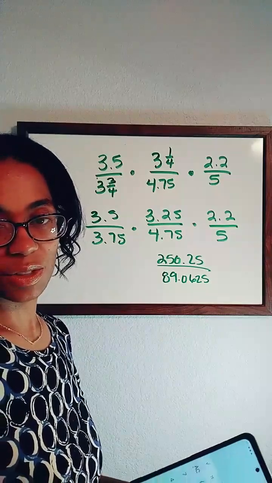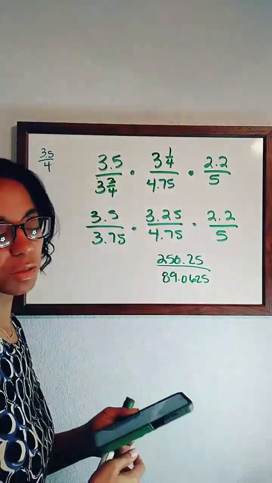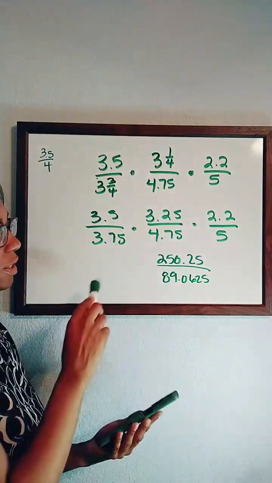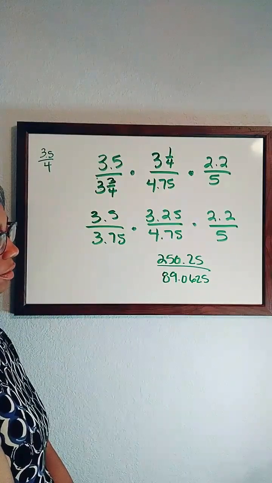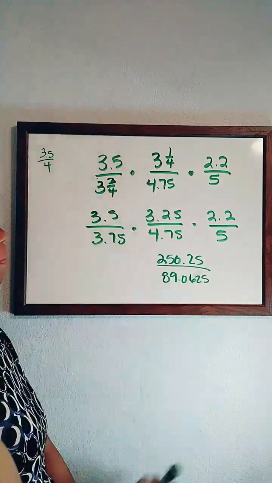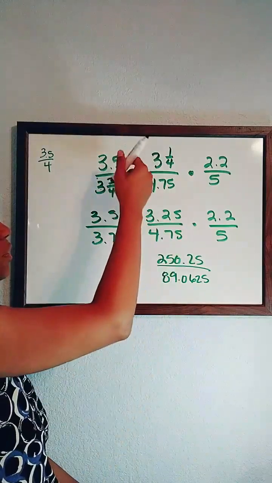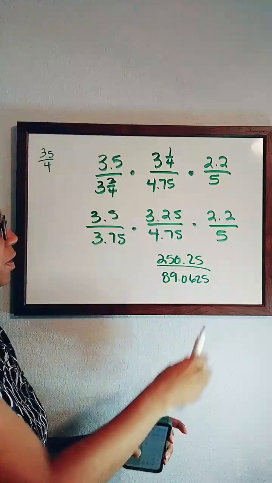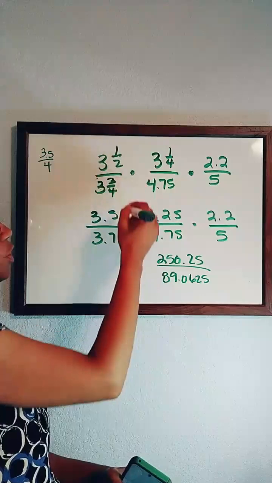Oh, me too, Trey. True story, me too. Because that's the only way I would think to do it and just multiply, unless it's a different way. I mean, I would change them all to decimals. They all need to be the same. Right. You could change them all to mixed numbers.